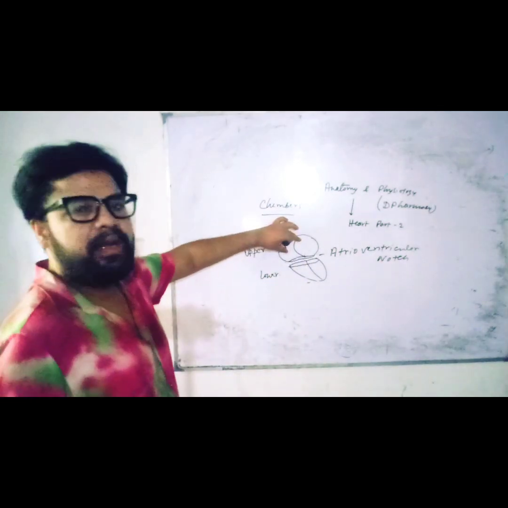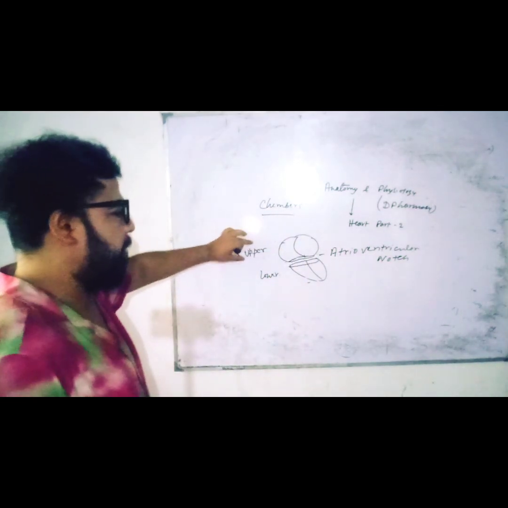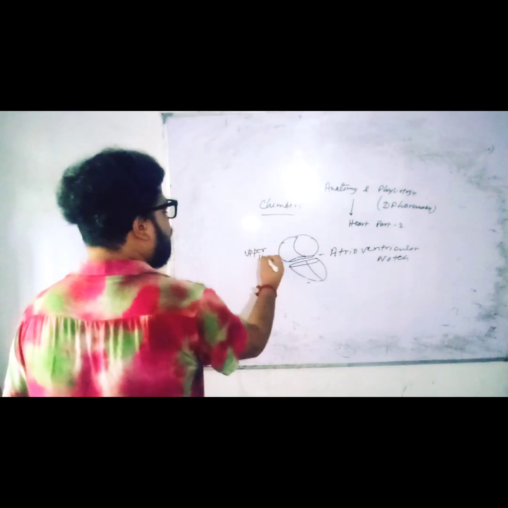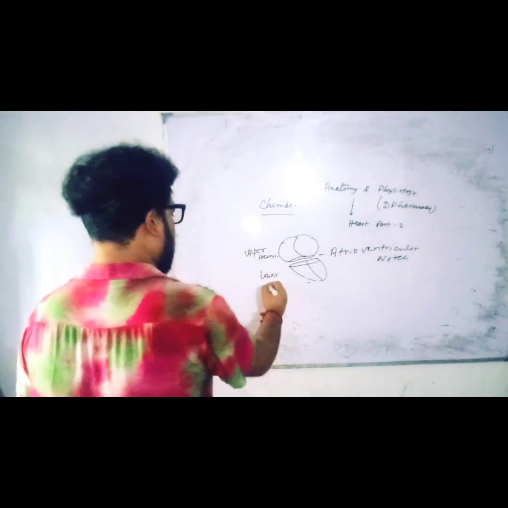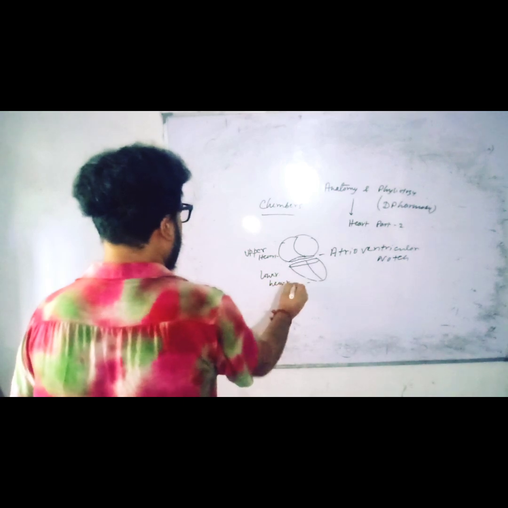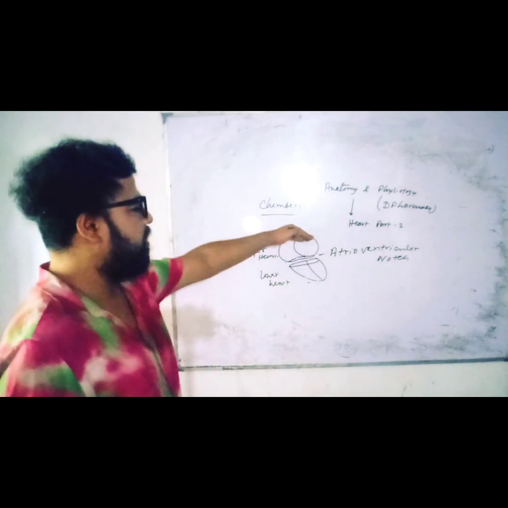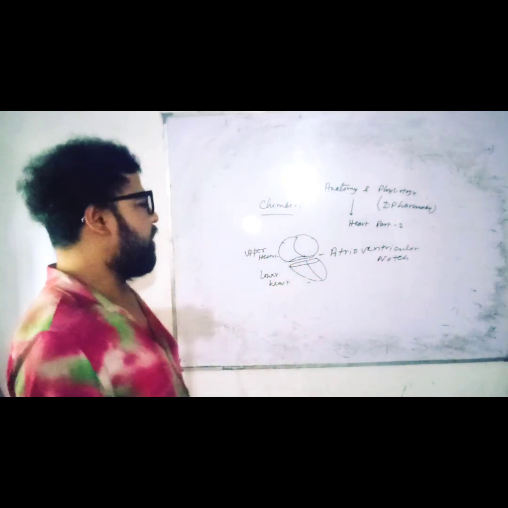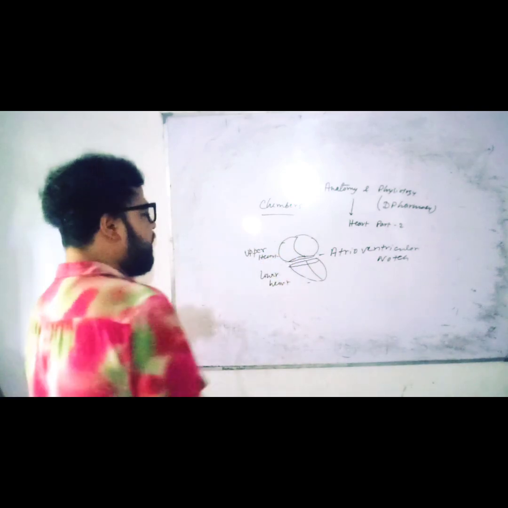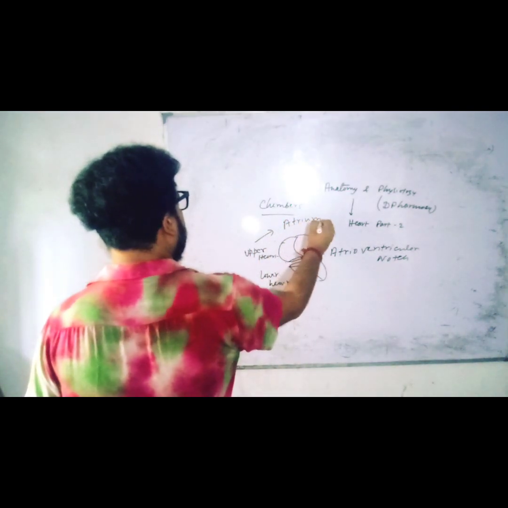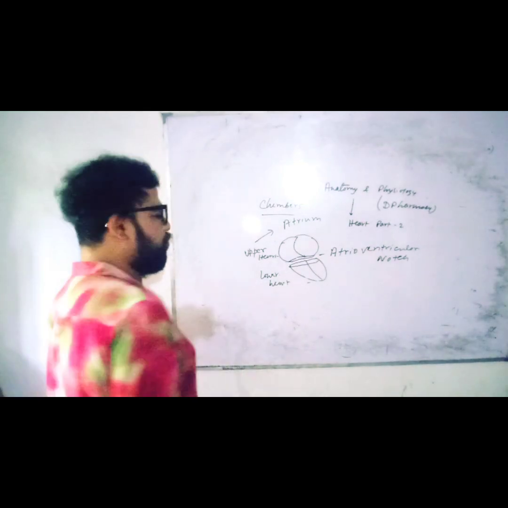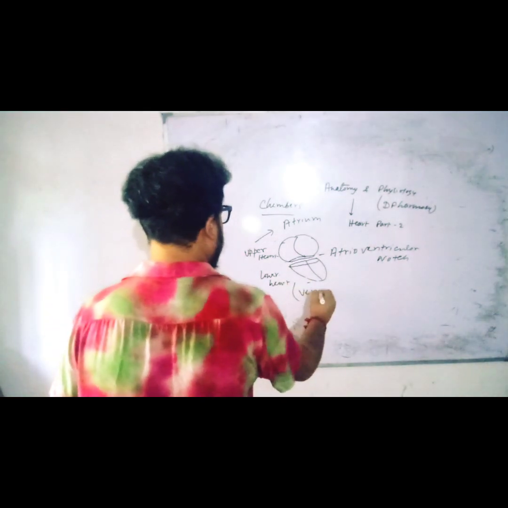The upper part is called the upper heart, and the lower part is called the lower heart. So this is the upper heart, and this is the lower heart. This upper heart is known as the atrium, and this lower heart is known as the ventricle.